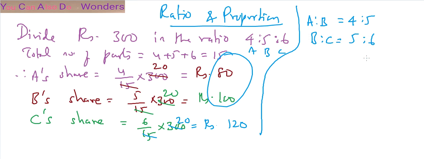See, 5:6 can also be written as 15:18, isn't it? If you multiply each term by 3, we get 15:18.